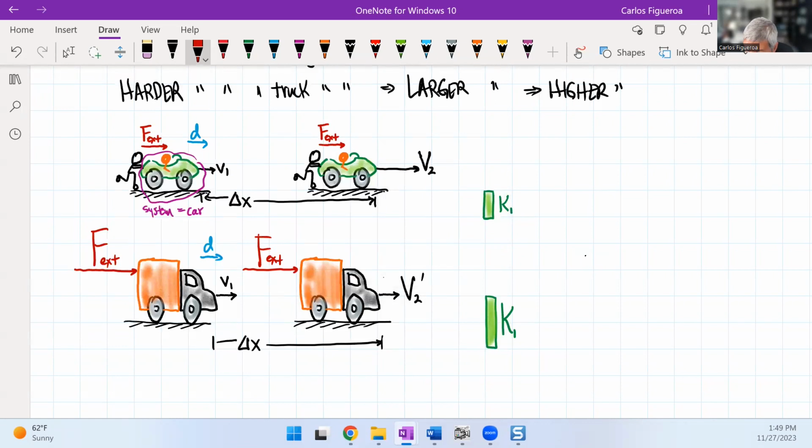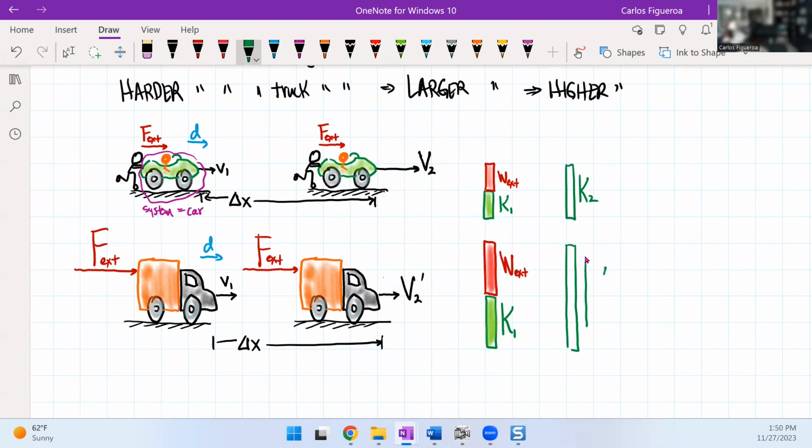So now I'm going to look at how much work is being done. This is the amount of work that was required to change the speed of the car. It was easier. But for the truck, it required more external work. So as a consequence, this car does get an increase in kinetic energy, but the truck increases its kinetic energy considerably more.